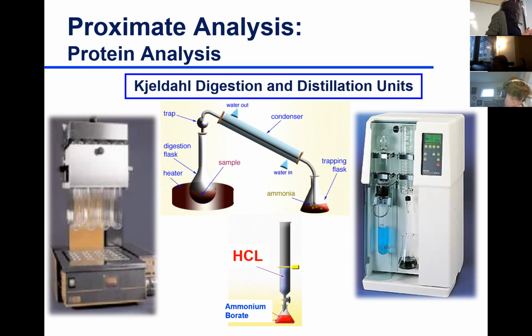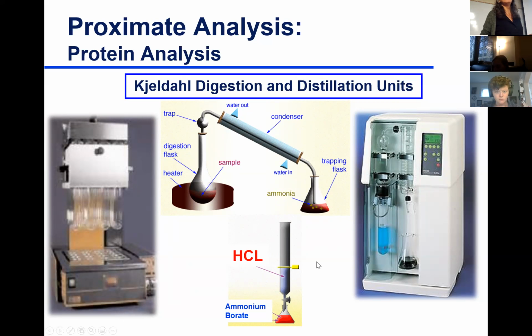So what happens here, the sample gets digested. It turns dark black because it's burning. So everything turns dark black and then white fumes start coming out. The color changes from dark black to brown to start getting some green, green blue color, to a very sky color blue.